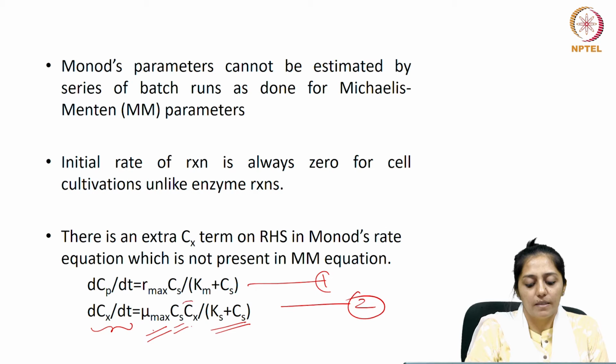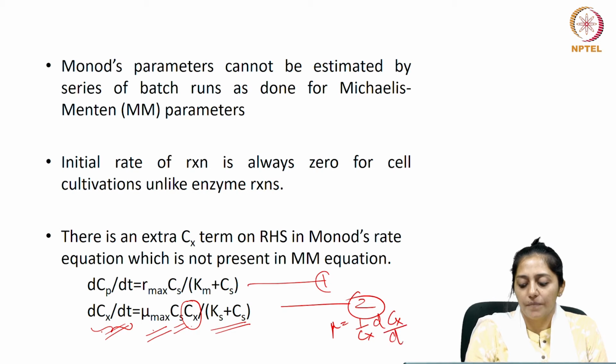And this Cx term has come from the LHS, because mu is equal to 1 by Cx dCx by dt. So this Cx has been taken to the other side.